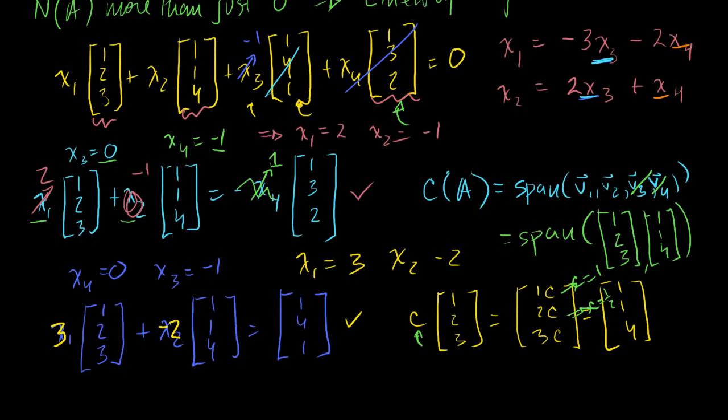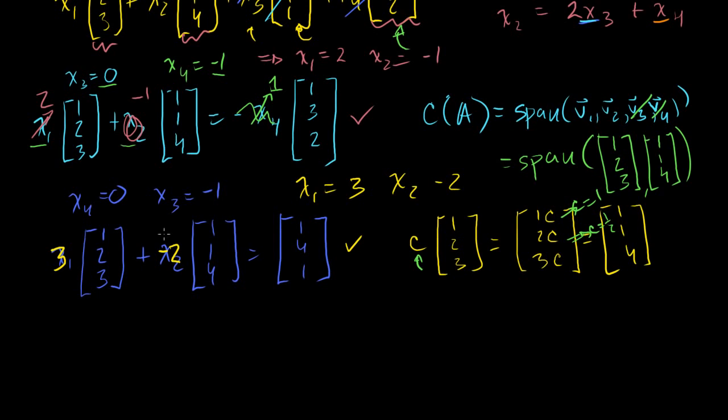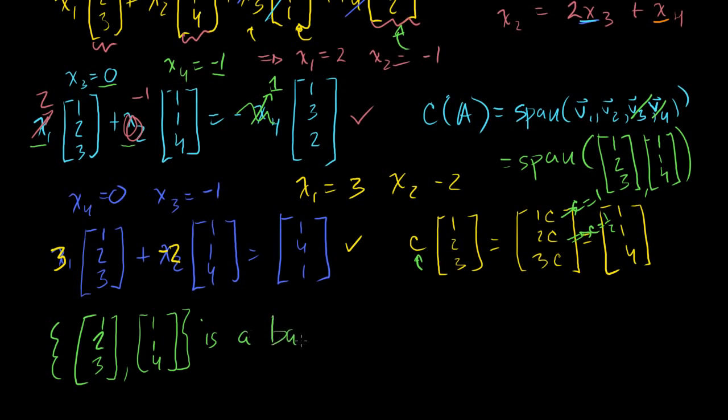We can then say that the set of vectors (1, 2, 3) and (1, 1, 4) is a basis.